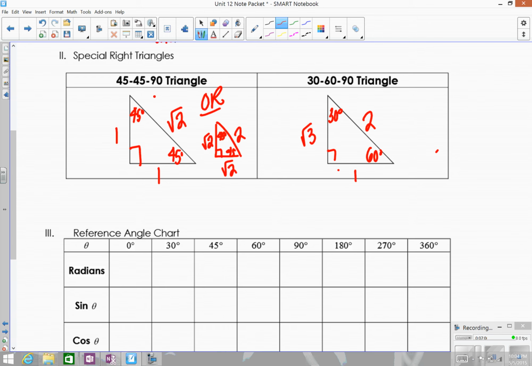We want to use exact answers. So anytime we can use these 30, 60, 45 triangles or measurements, we want to be able to do that. So basically, in order to interpret these triangles, we can use our SOHCAHTOA because these are right triangles. And remember, whenever you have right triangles, you can use SOHCAHTOA.